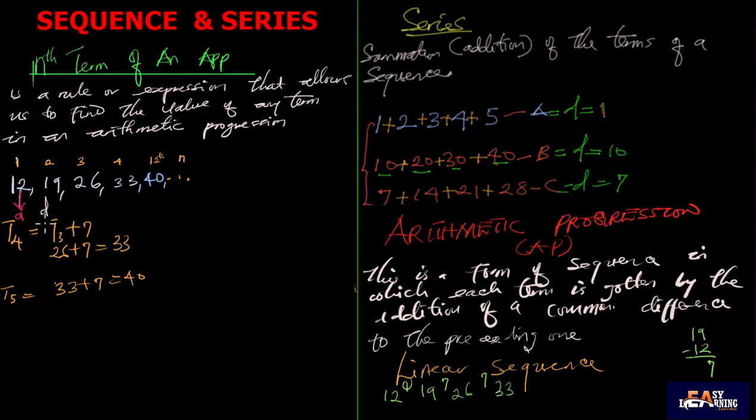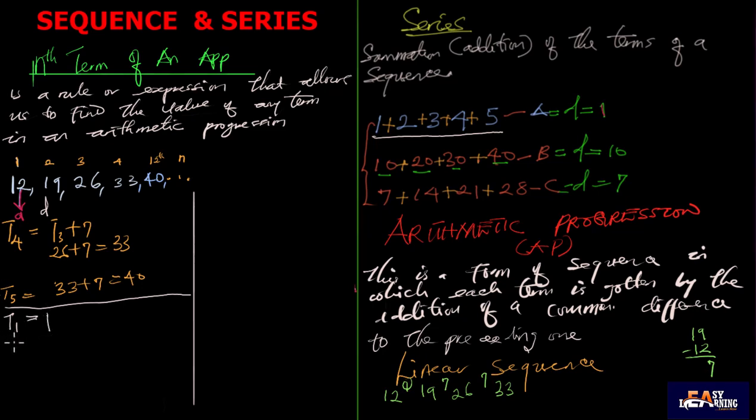Now, if we want to pick this one here and start to create the sequence, start finding the values in each of these numbers, there is something that we are going to observe. Let's try to do it together. For example, this one is term 1, and the value for term 1 is 1.